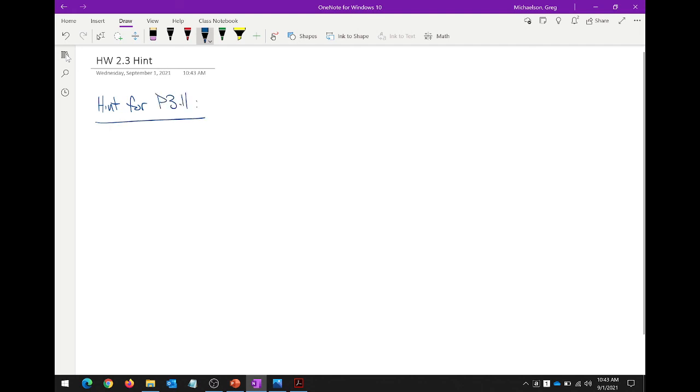Okay, so the first thing to note is that the way the beam is drawn in the book, it's sort of drawn like this, and then something like that. That doesn't matter.